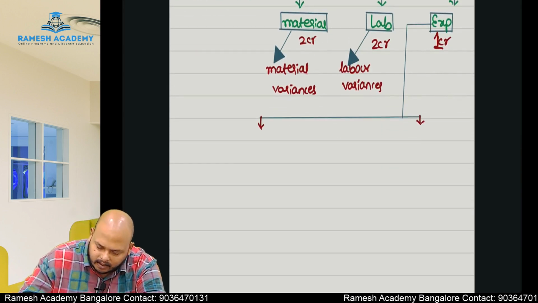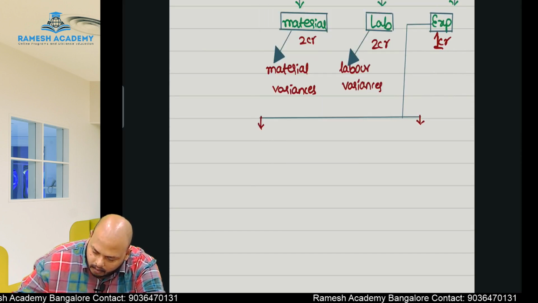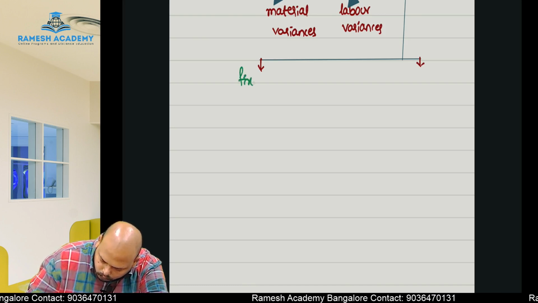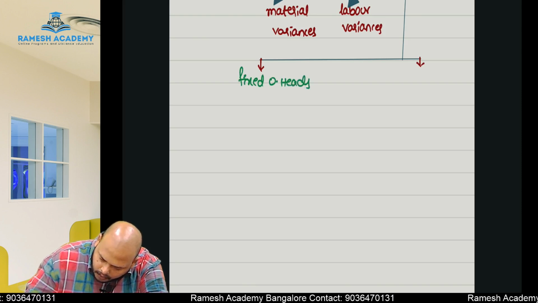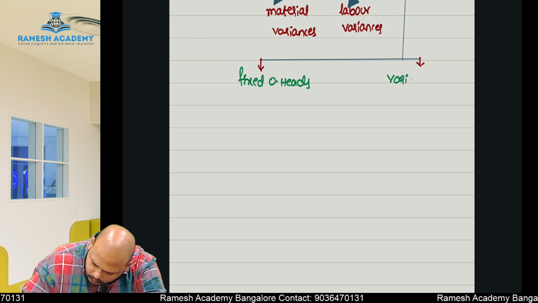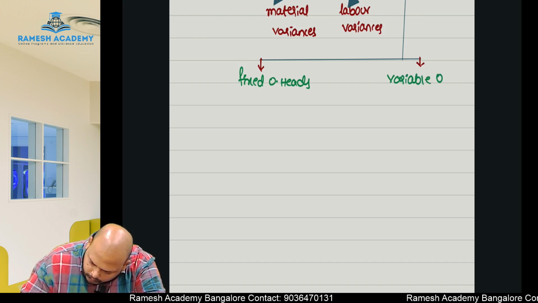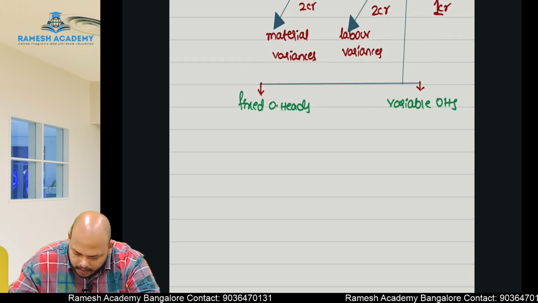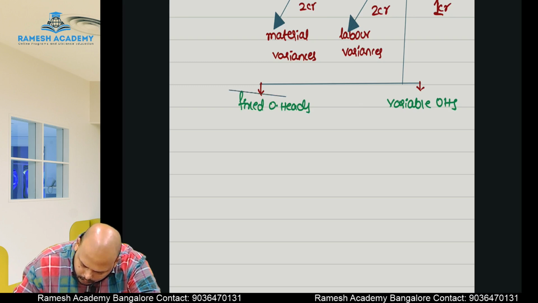The classification for the expenses here is, okay, one is fixed overheads, another one is variable overheads.